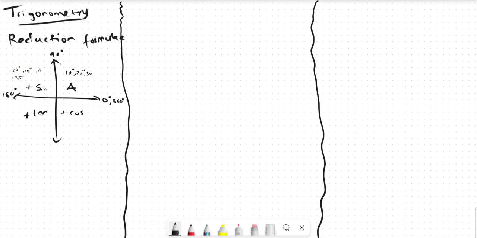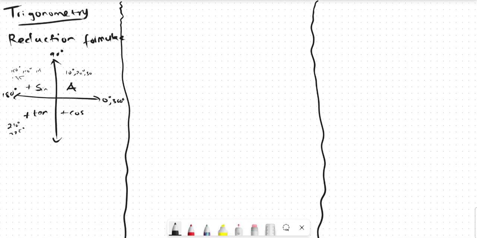And then in quadrant 3, that's where you have all your angles greater than 180 but less than 270. Your 220, your 210, your 225 are here.